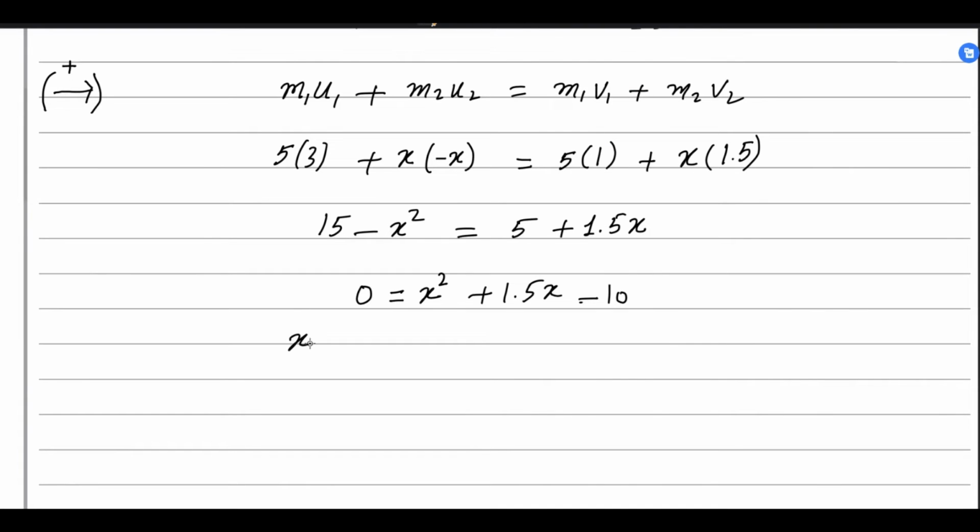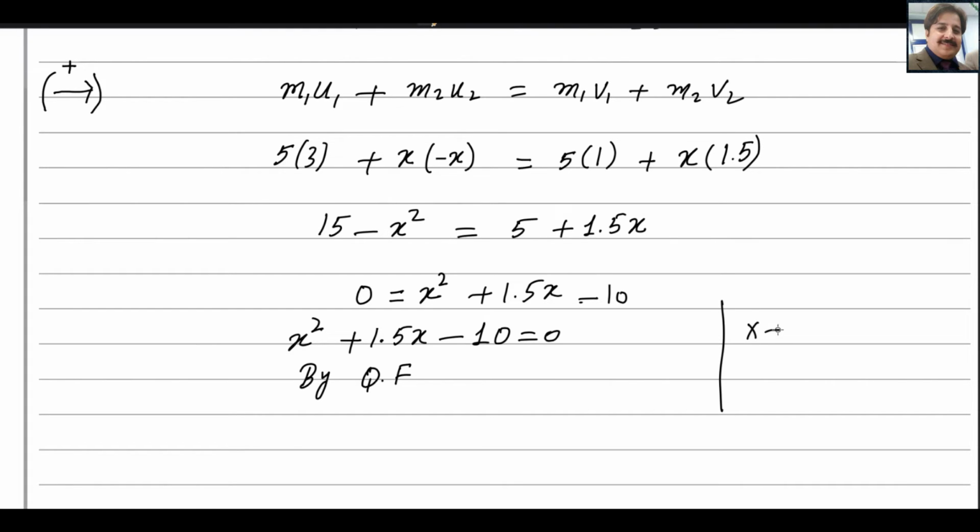So let me write it on the left side: x squared plus 1.5x minus 10 equals 0. By the quadratic formula, x equals minus b plus minus square root of b squared minus 4ac, divided by 2a. Using that formula, we can get the value of x.